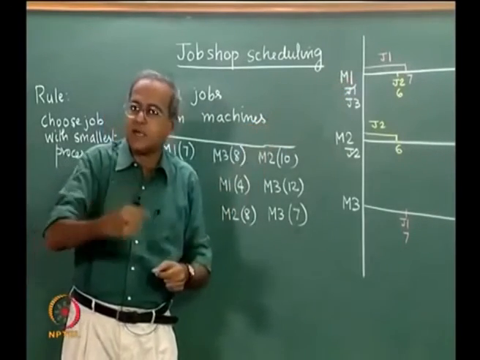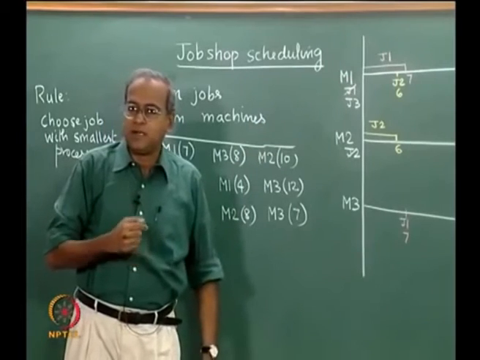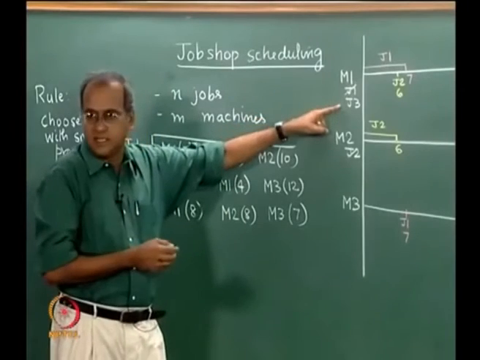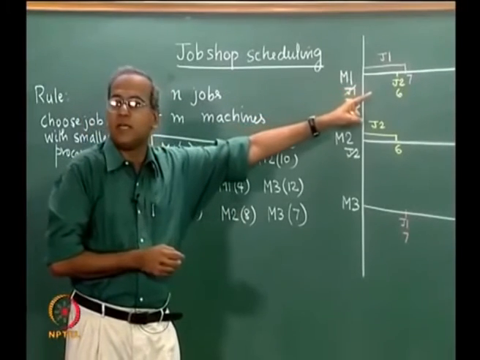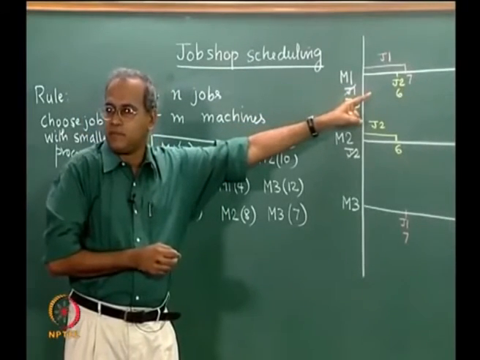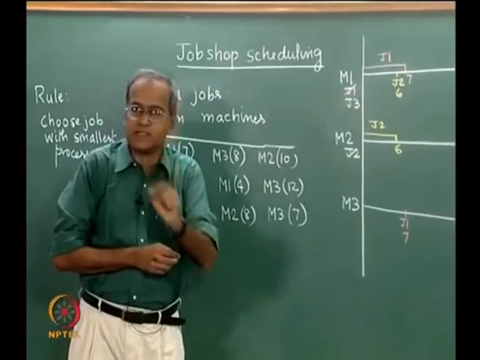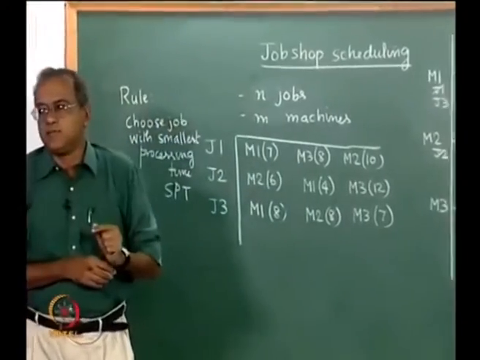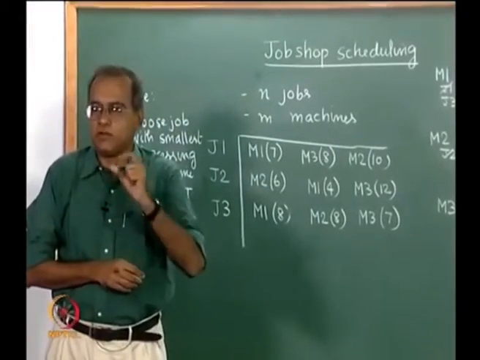J2 has lesser processing time, but in order to take J2 ahead of J1 or J3, the machine will have to be idle for some more time. So, we always make a decision that we will not keep a machine idle if there are jobs waiting in front of it.